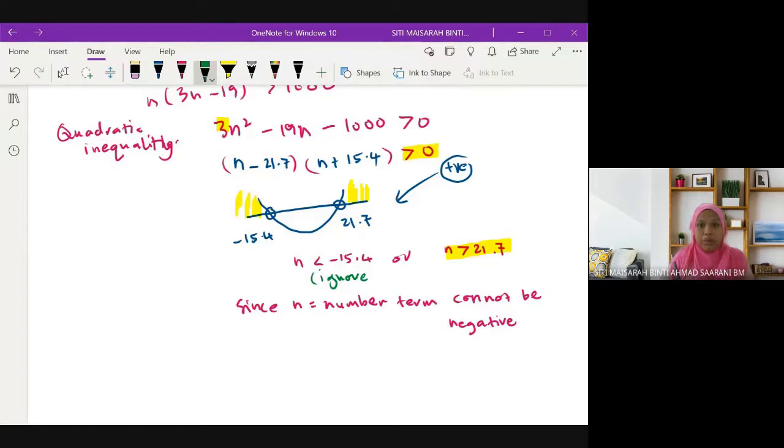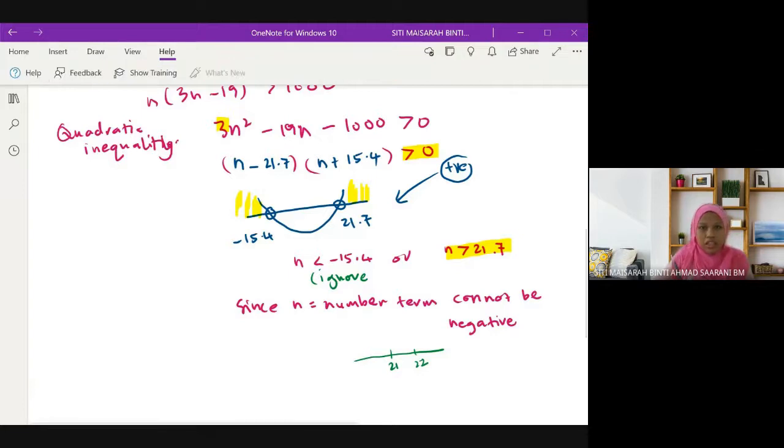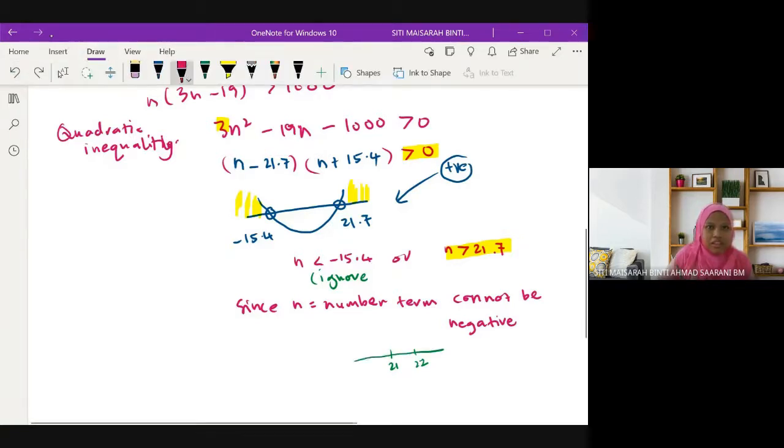So jadi kalau kita pertimbangkan n more than 21.7, maksudnya kat sini integer, this is 21, sini 22. Okay, number of term dia should be integer. Kalau tengok kat sini 21.7 dia duduk kat sini. So jadi dia punya sign dia is more than. So maksudnya integer after 21.7 is 22.